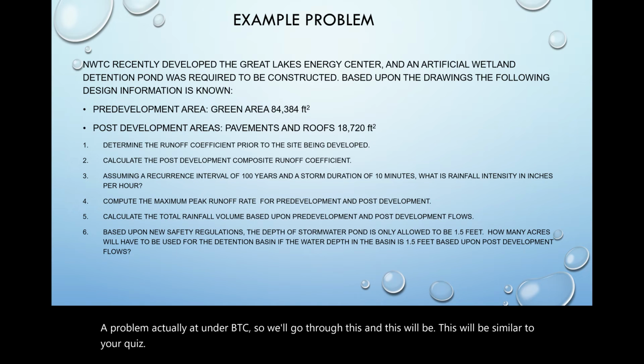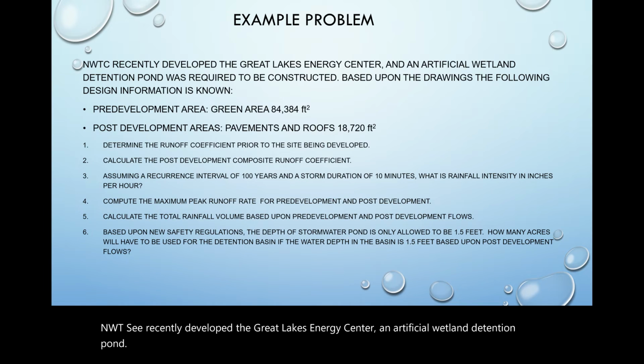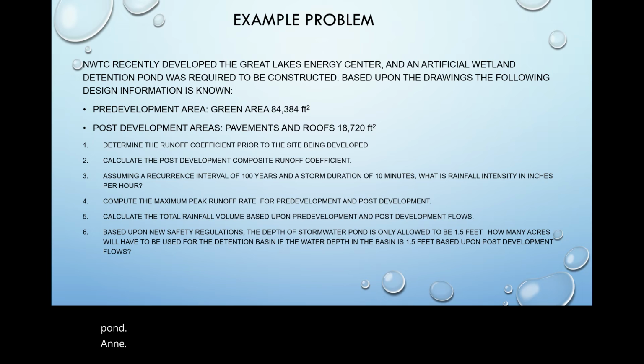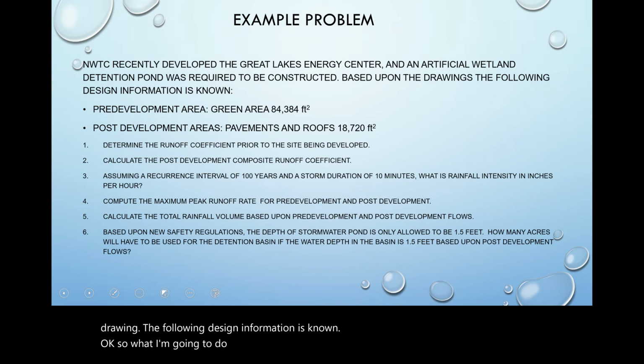NWTC recently developed the Great Lakes Energy Center, and an artificial wetland detention pond was required to be constructed. Based upon the drawing, the following design information is known. Okay, so what I'm going to do is, let's see here.